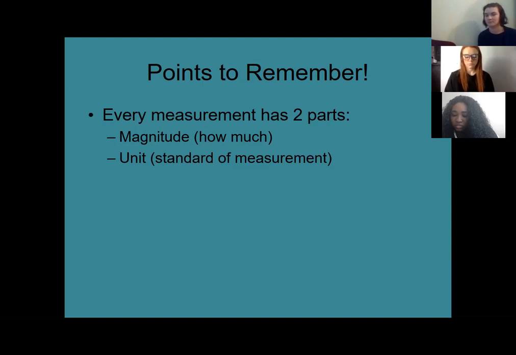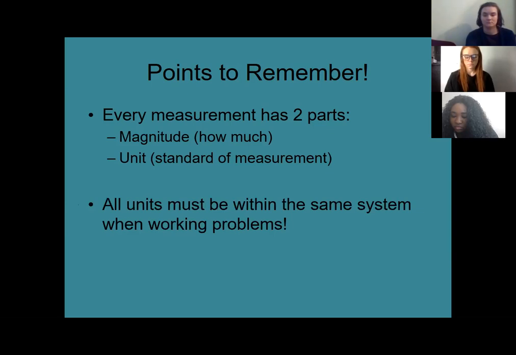So for every problem that we work in classical physics, there will be both a magnitude and a unit. In basic math practice, we don't deal with units, but in the classical physics section, we will. So you must have both a magnitude and a unit.